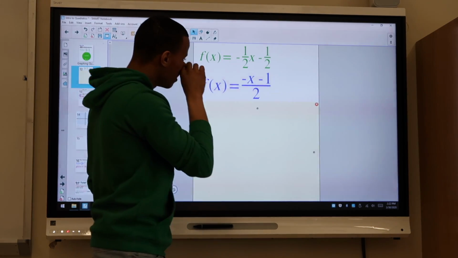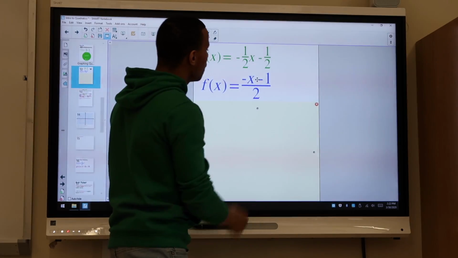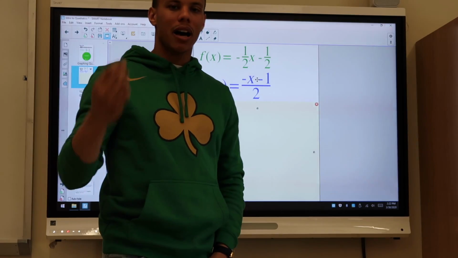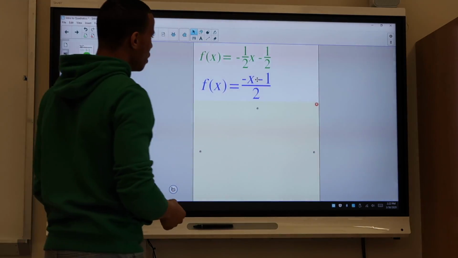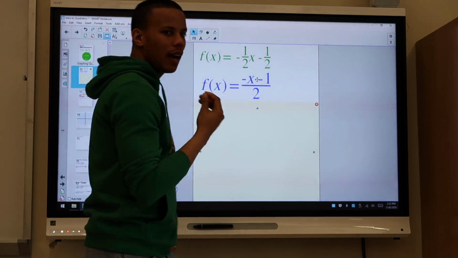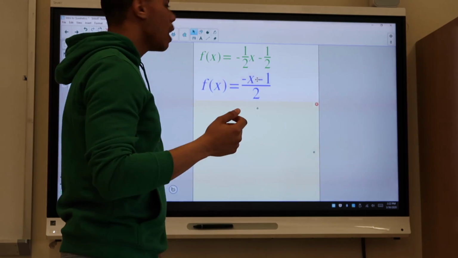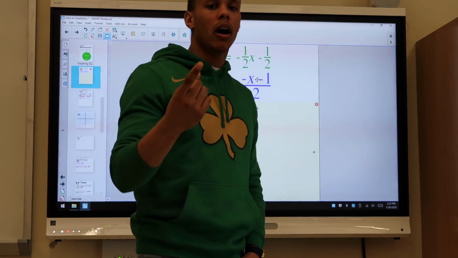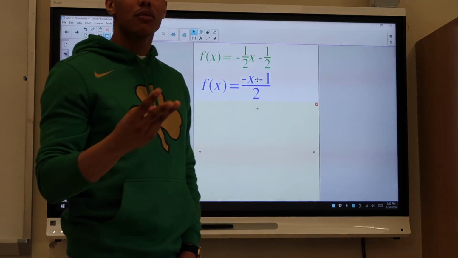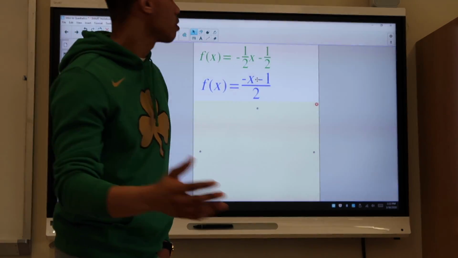So I combined them in the form of negative x minus 1 divided by 2. Now, if I'm making a table of values, I want to pick odd numbers: 1, 3, 5, 7, 9, and also the negative versions of those.